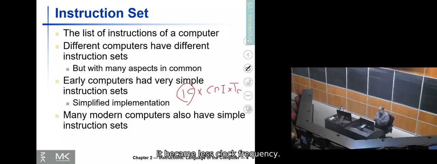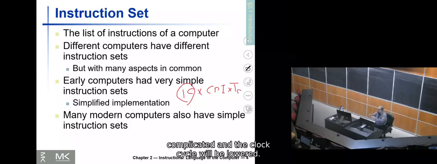And it became less clock frequency. So that's something that we noticed. When we made them complex, then we noticed that the complex gets complicated and the clock cycle will be lowered.